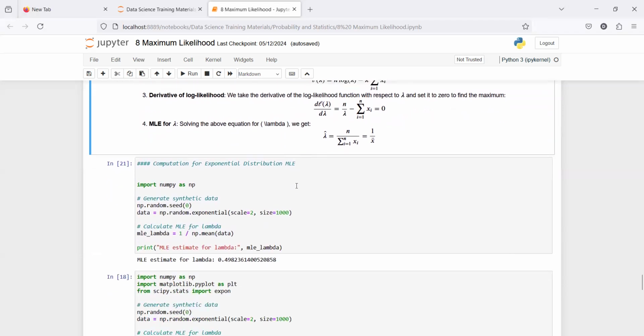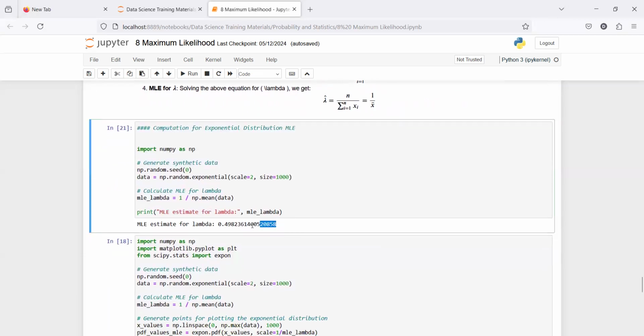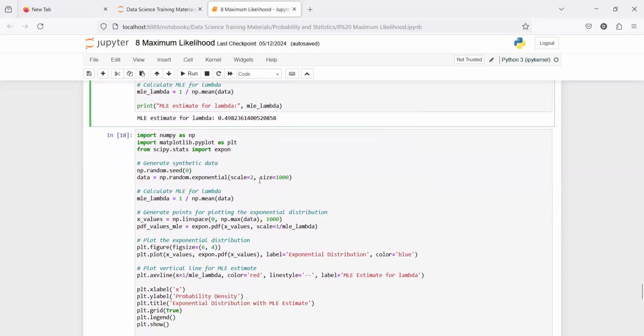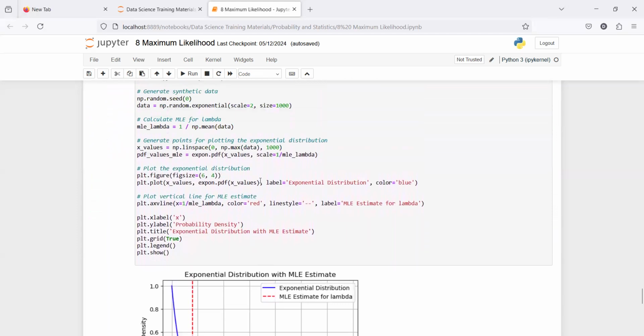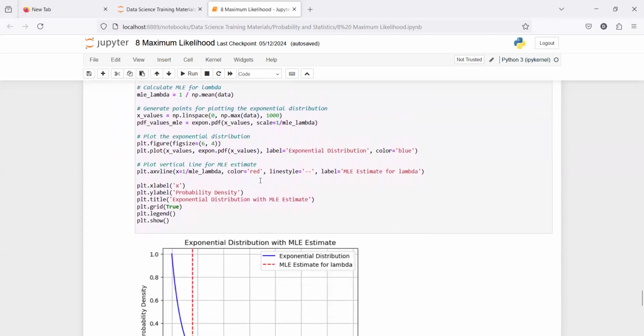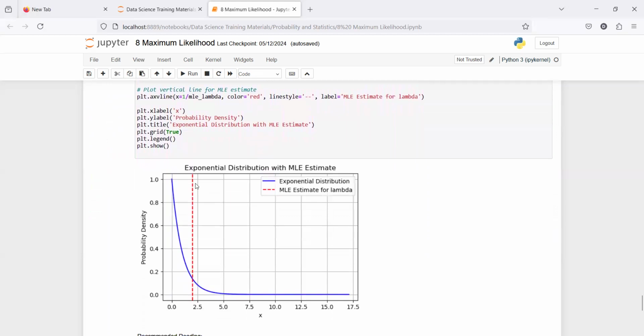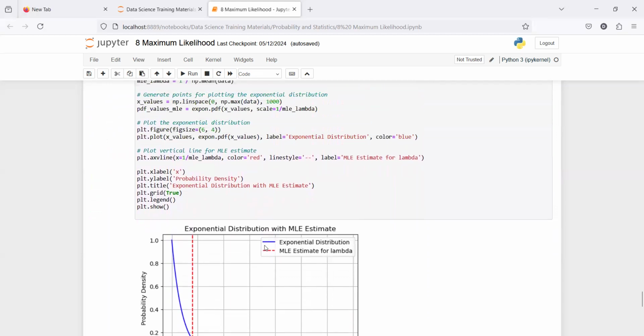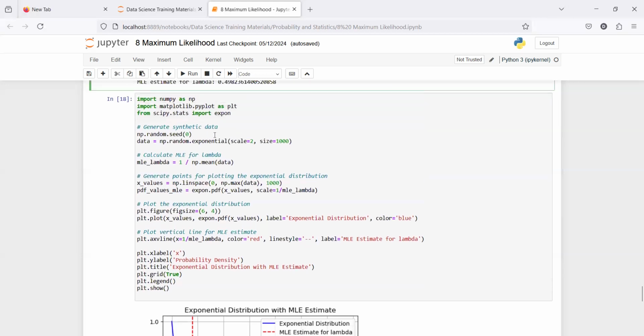Now, if we run this, we get the MLE for lambda as 0.498, because we're taking the sample mean of the data. And I show it here, which is approximately 2 for this exponential distribution, which makes sense given the original population parameter.